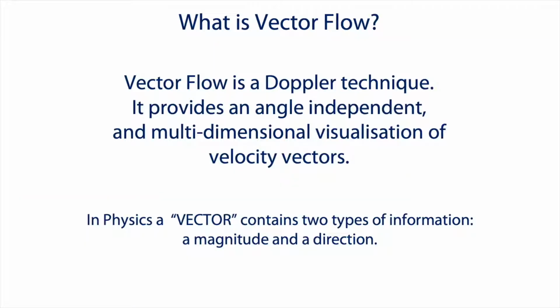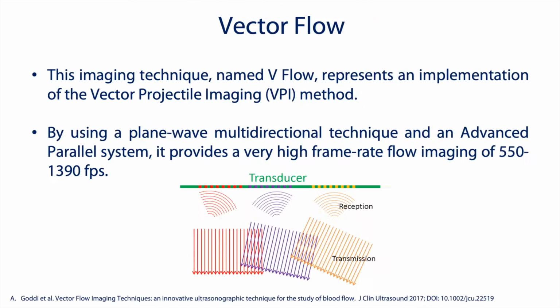Vector flow is a Doppler technique which provides angle-independent information on magnitude and direction of velocity vectors. This technique, named V-flow, available on the Resona 7 Mindray system, represents an implementation of the vector projectile imaging method.